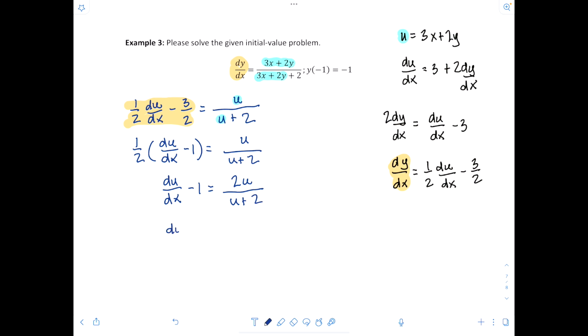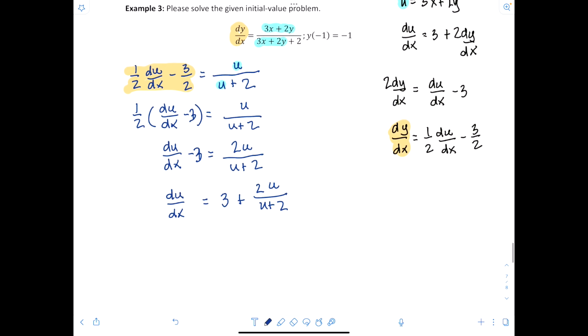And so du/dx, and I apologize, this is 3 minus 3, not 1. du/dx would be positive 3 plus 2u over u plus 2. Cool? All right, so now let's go ahead and see what we would have to do here to solve.